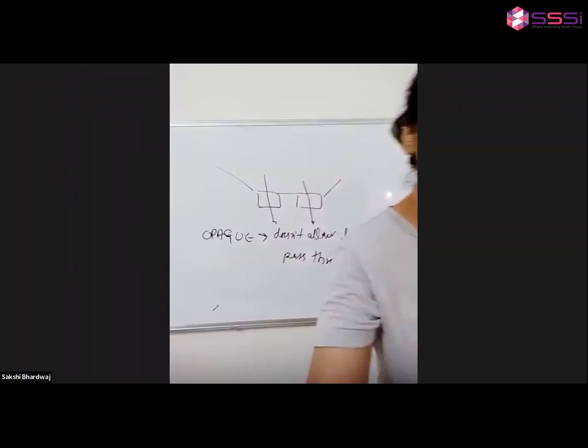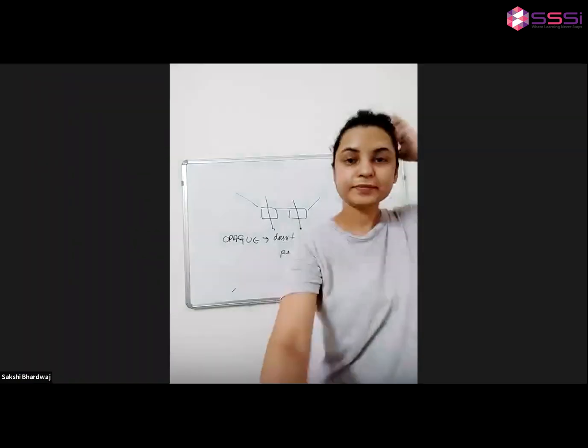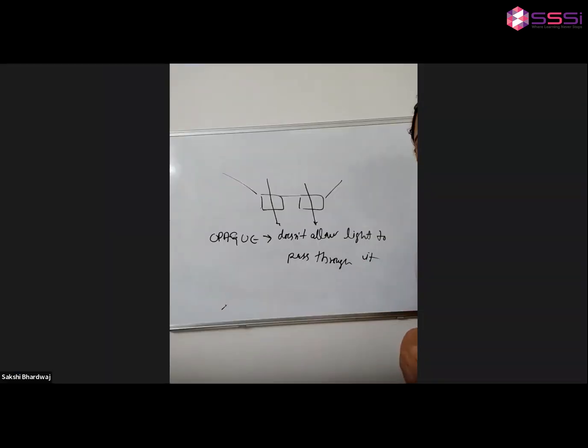Ma'am, one doubt. How does it allow the light to pass through it? The transparent glass allows, and opaque doesn't allow. Why does it allow?